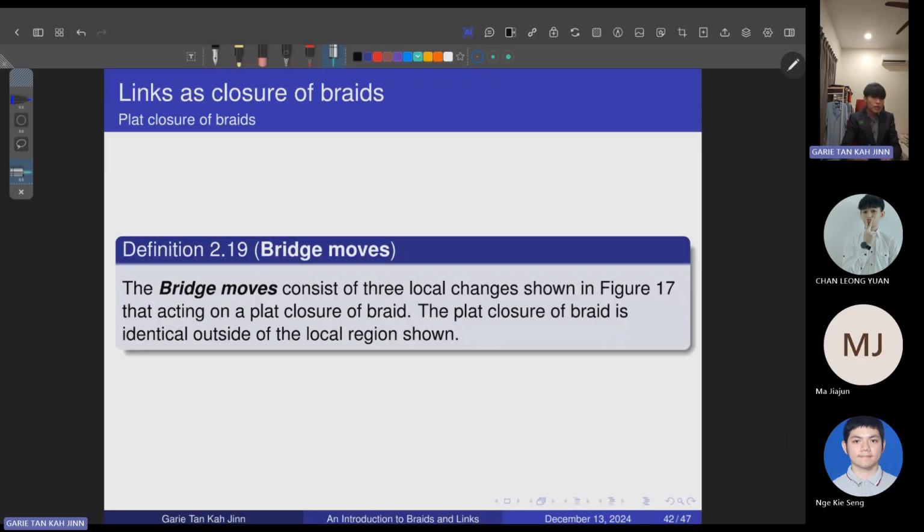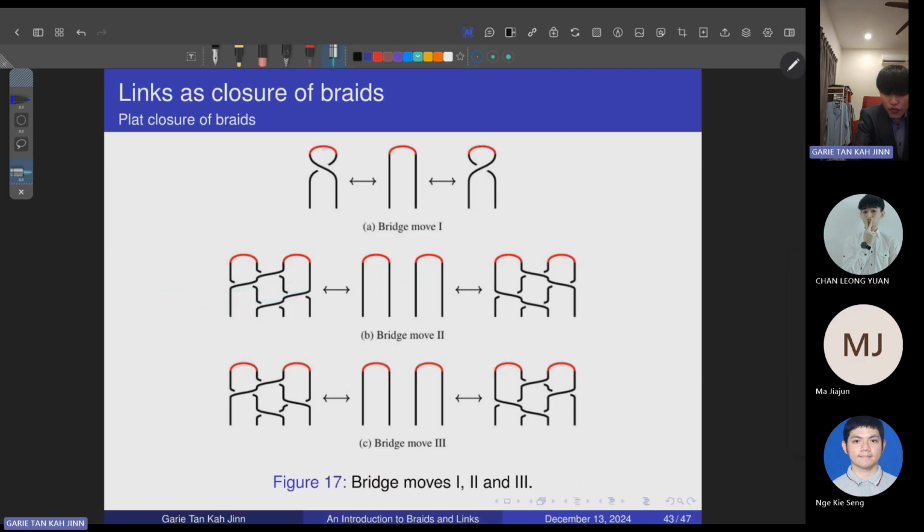Now we also want to define some moves to fill in the gaps. The bridge move consists of 3 moves. The first move is to twist the bridge. The second and third both change the order of the bridges, but the second one is directly on top or directly on the bottom, and the third one is in between.